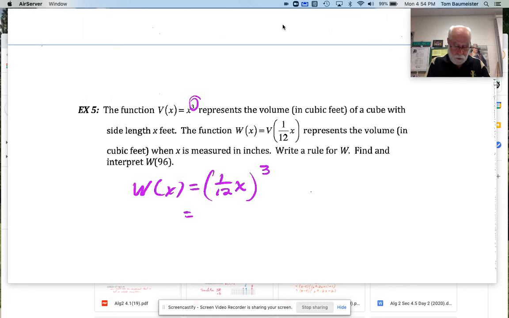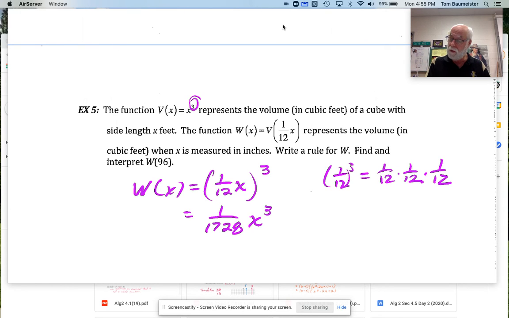Now remember, 1/12 cubed is equal to 1/12 times 1/12 times 1/12. If you plug that in your calculator, you would get 1 over 1,728. And then again, we're going to take our x and cube that also.